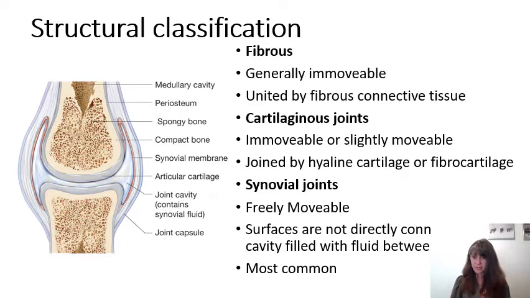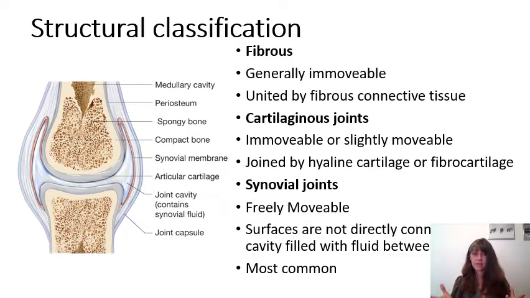When we classify joints according to their structure, we use 2 words. The first word is always going to be the main category of the structure of the joint. In other words, what holds the joint together? The 3 main categories of structural classification for joints include fibrous joints, cartilaginous joints, and synovial joints.